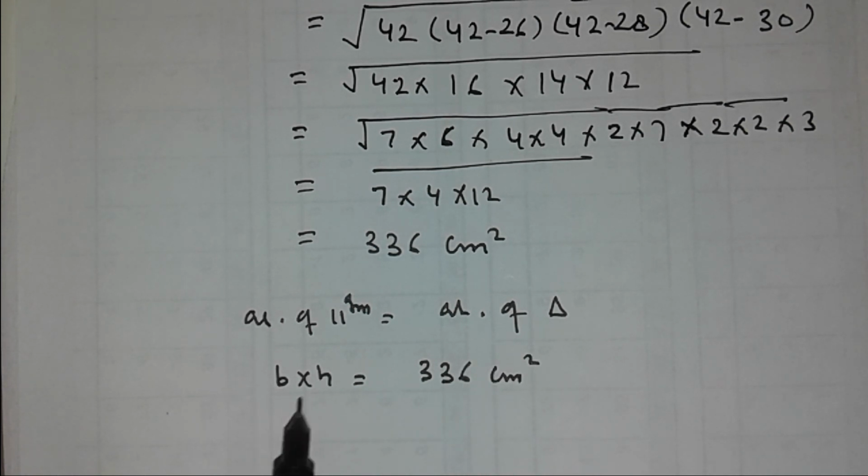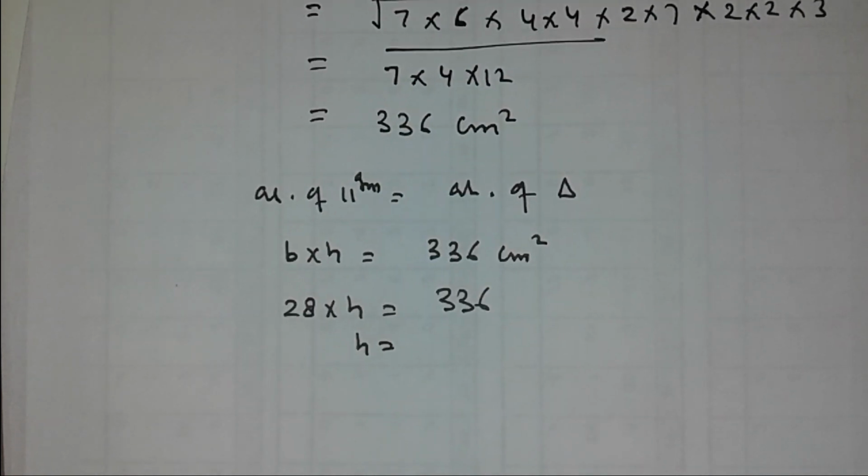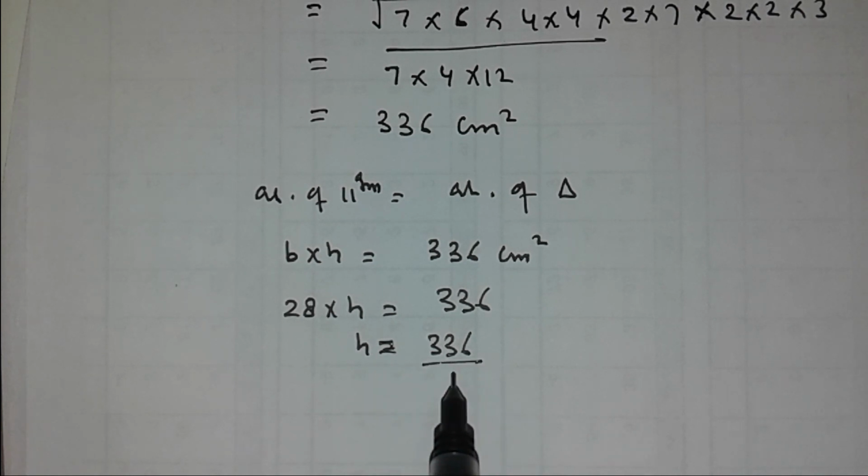Base is given here is 28. So 28 into H is equal to 336. So H is equal to 336 divided by 28. So height will be equal to 12 centimeters. This question number 2 we have done.